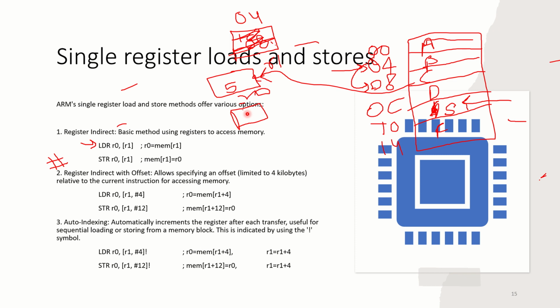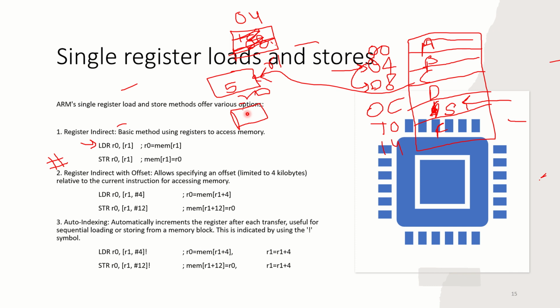Suppose you want to transfer the values from memory location 04 to 14, five values into five registers. Once you load the value at 04, you have the option to change the content of R1, then load, then change R1 again, then load, and so on. Instead we have an automatic option where the value of R1 is automatically increasing.